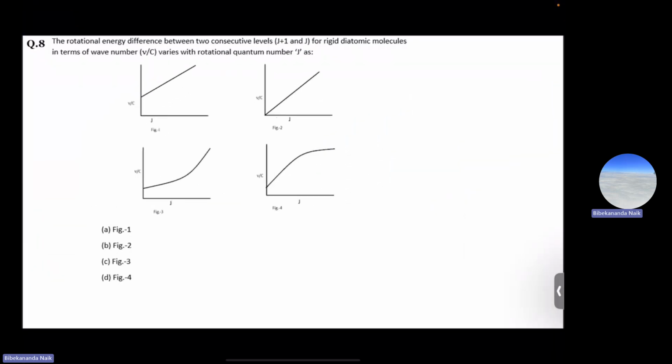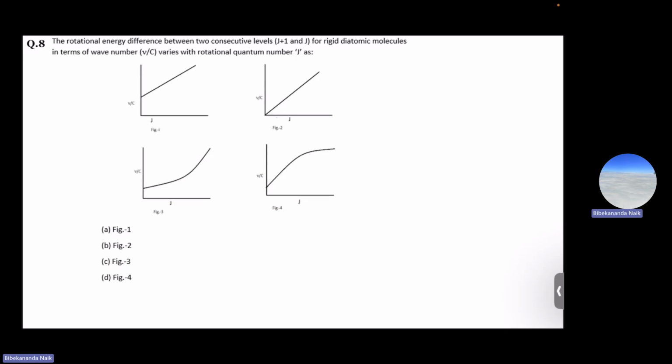Now let's solve it. So we talk about the transition occurring between two consecutive levels J and J plus 1.